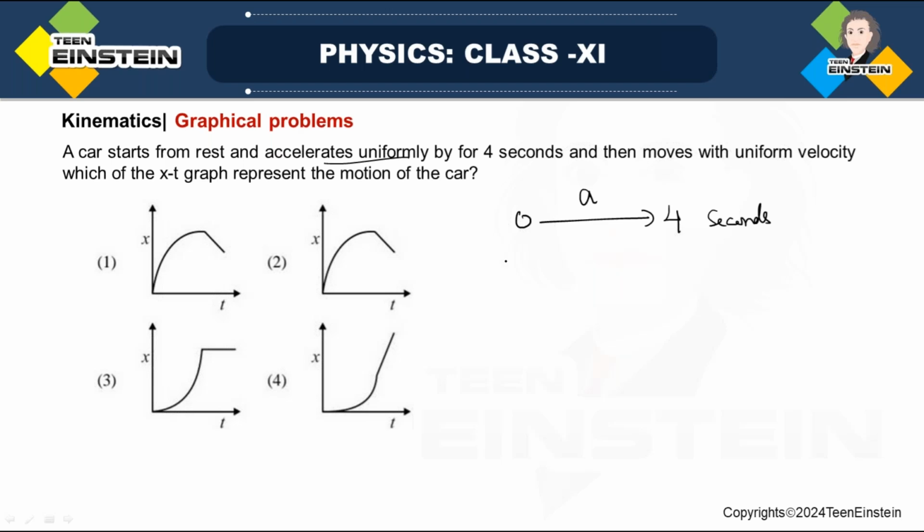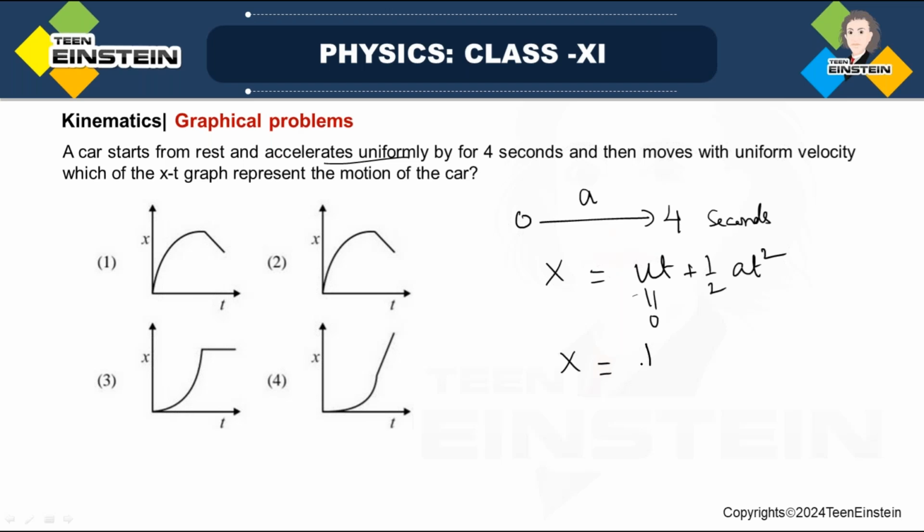Position means I can take displacement here. So we know displacement x is equal to ut plus half at square. In this case, the car starts with initial velocity 0, so u is 0, and the acceleration, time and displacement have this relation among themselves. So x is equal to half at square.